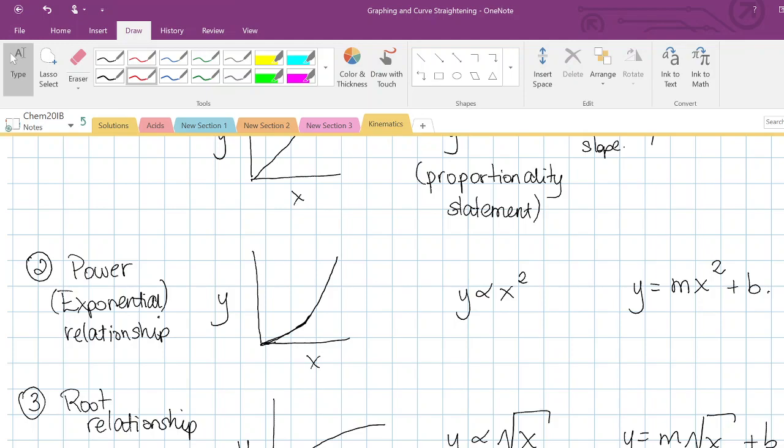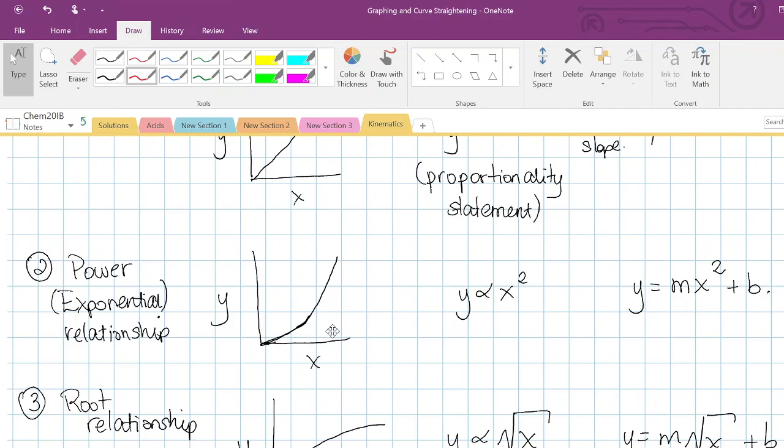It starts with a very shallow slope, and that slope gets steeper and steeper as you move further along that x-axis. And so the proportionality statement for this power or exponential relationship is y is proportional to x squared. Okay, that's the relationship for this type of graph.